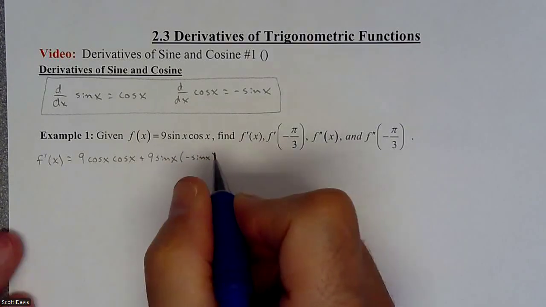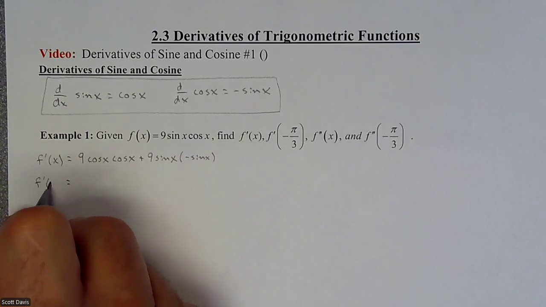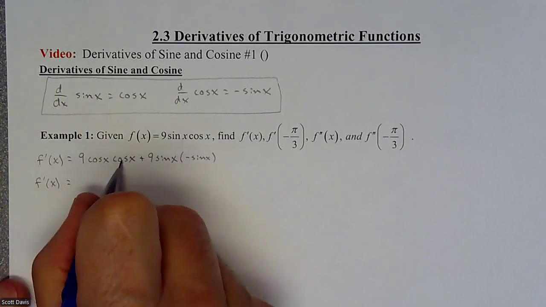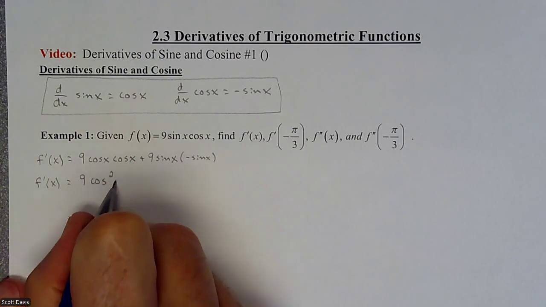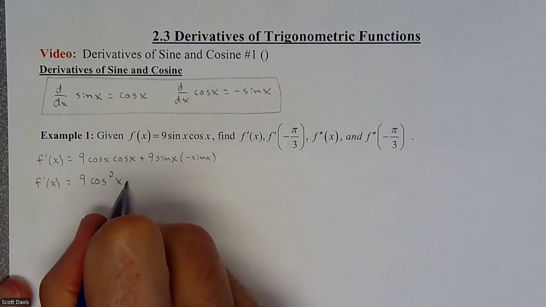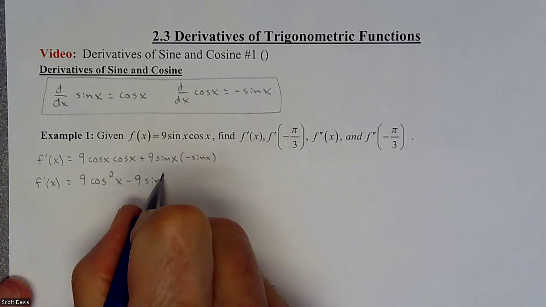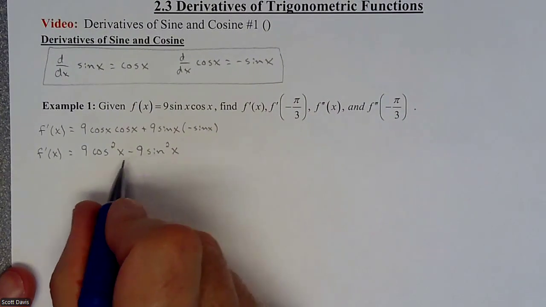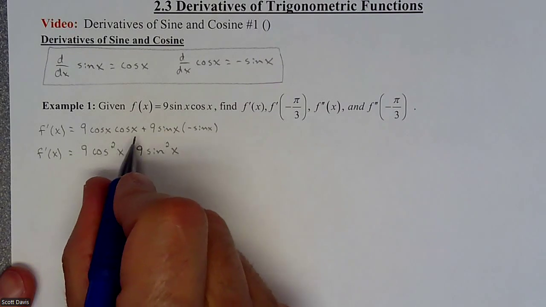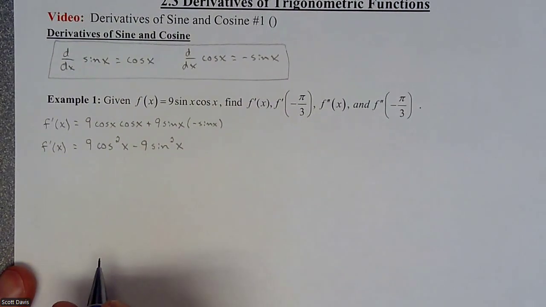All right, so if I put this together, we're looking at our derivative equation being 9 cosine squared minus 9 sine squared. We could factor a 9 out, but we're not really going to get that much better. The cosine squared minus sine squared is not really anything special.